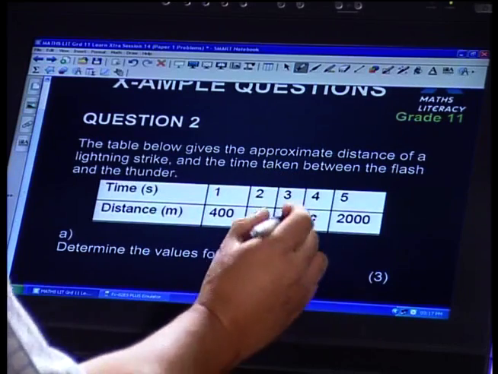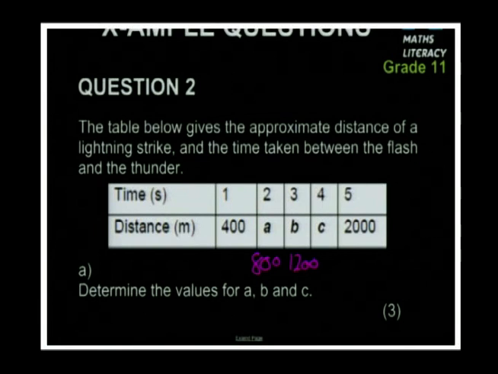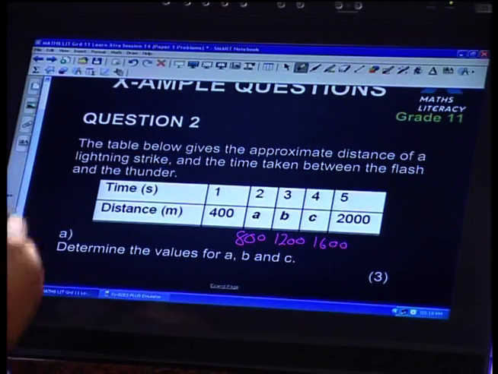What's 3 seconds going to represent? 1,200 meters. 4 seconds, 1,600. 5 seconds, 2,000. How are we getting these? We're just saying 2 times 400, 3 times 400, 4 times 400. Now, the very first question then goes on to say, determine the values of A, B, and C. We've done that. A is 800, B is 1,200, and C is 1,600.